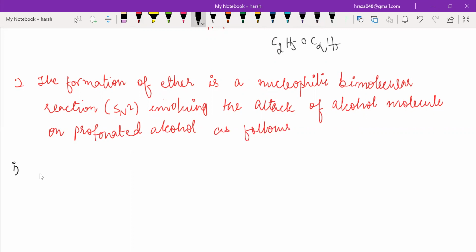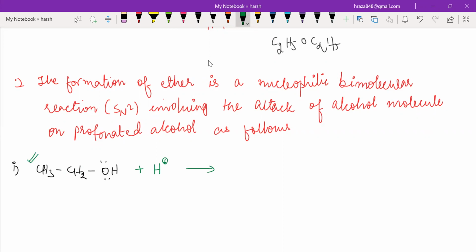The first step. This is an alcohol, that is ethanol, CH3CH2OH. And you know that oxygen has two lone pairs, yes or no? So this lone pair will be attacked by H+. That means we are going to make this alcohol a protonated alcohol.